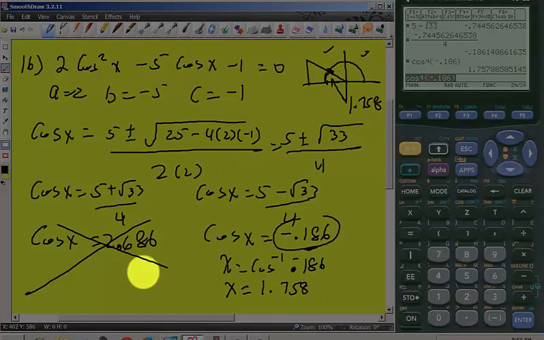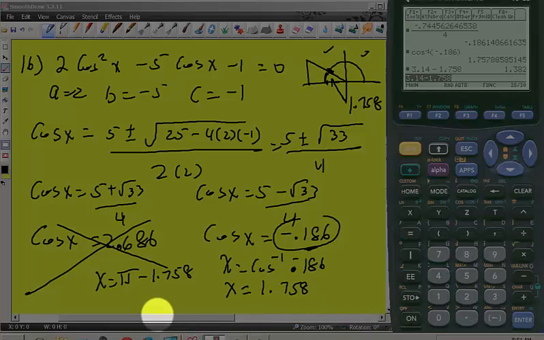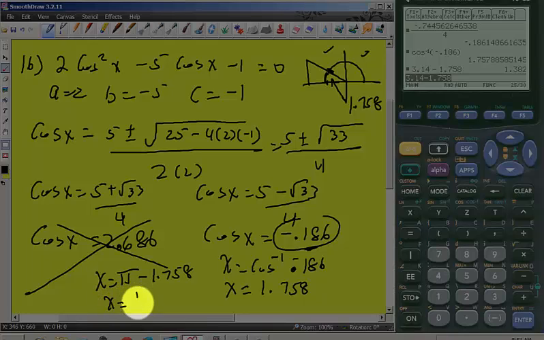So what's my real angle? x is equal to pi minus 1.758. So that'll be 3.14 minus 1.758, which gives me x is equal to 1.382. That is my actual answer. I cannot use that because it just gave me an angle in the triangle. That's all it gave me.